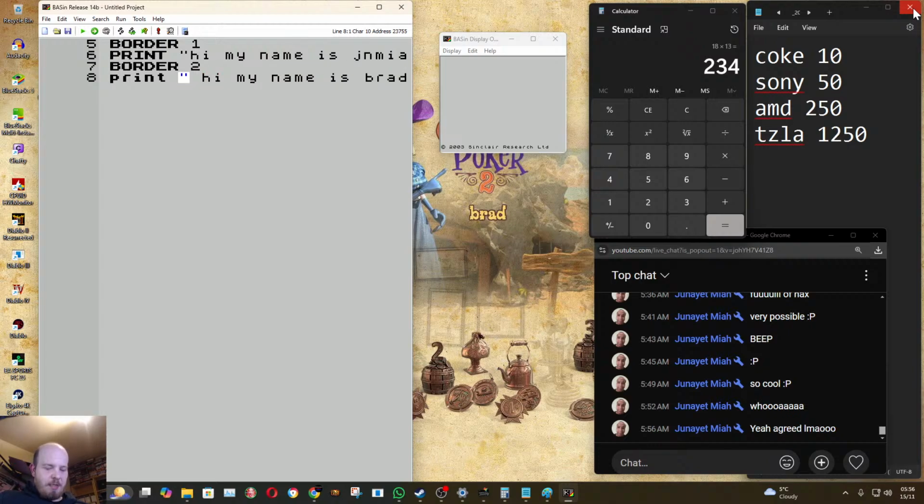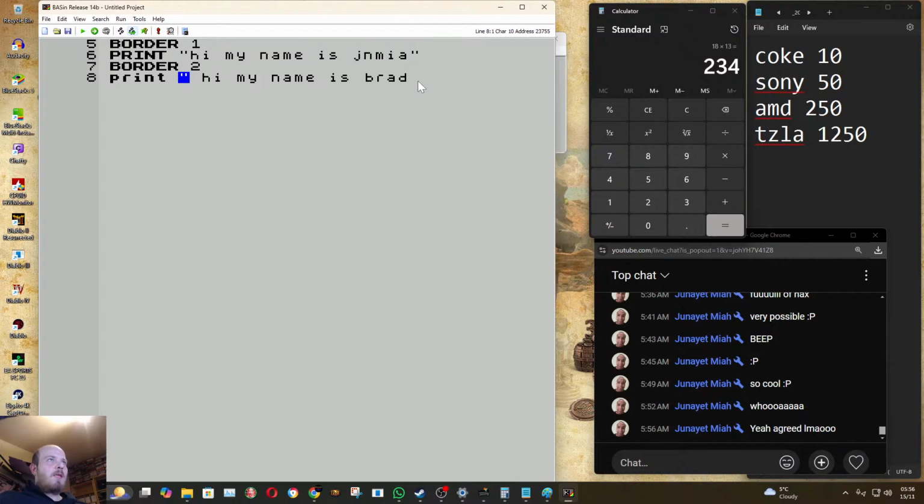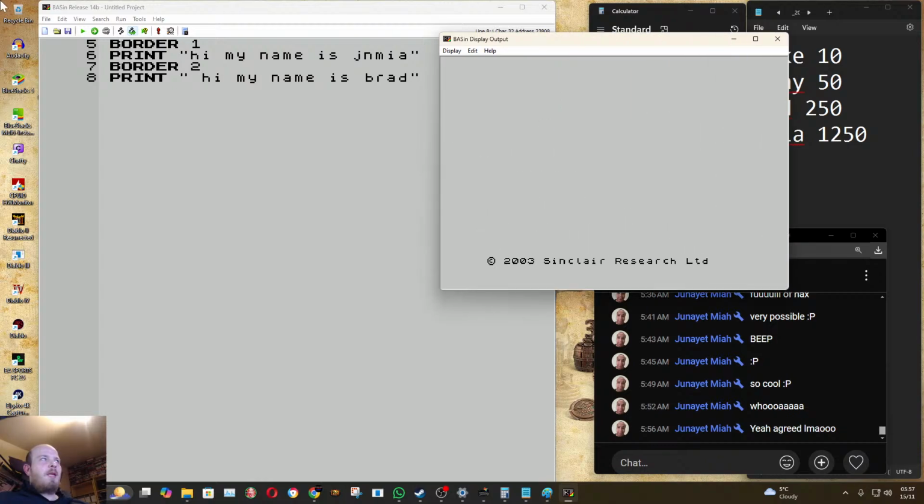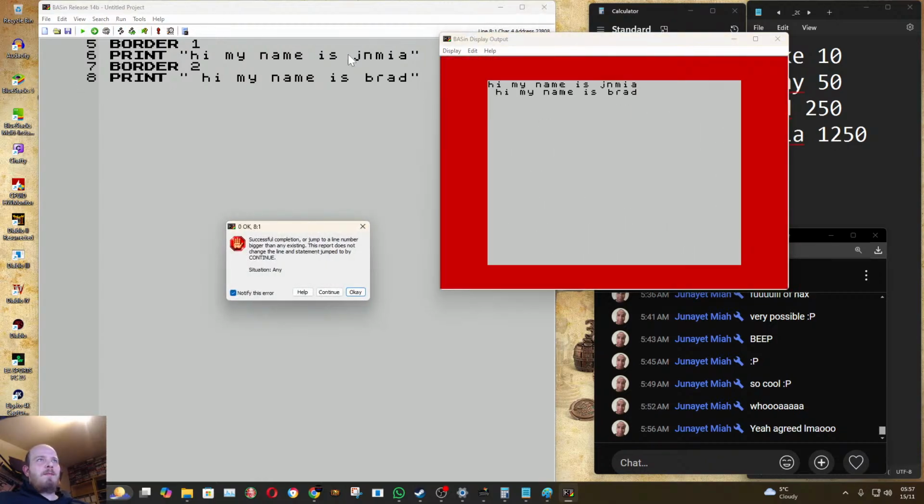It told me I did an error, but I don't have arrow keys on this keyboard, so I can't write too much in one line. So here's the output, right, over here? So if I go play, now you see it got to the end, right? But border 1 and then border 2 just replaced it, so you don't see anything different.